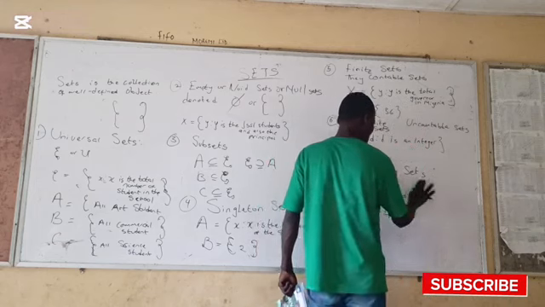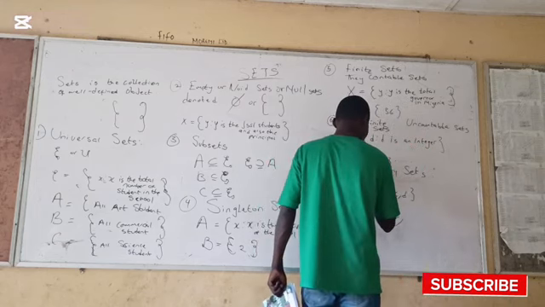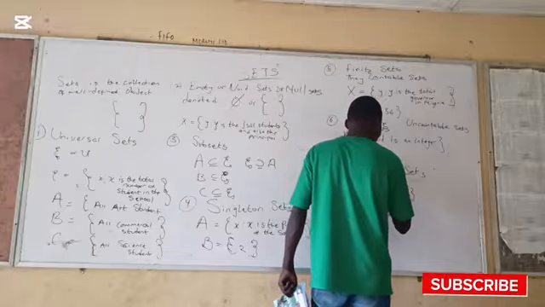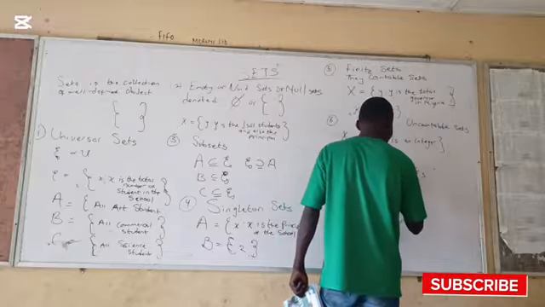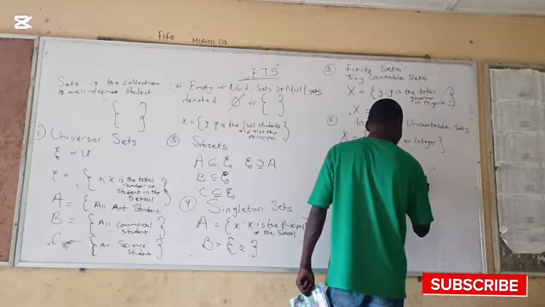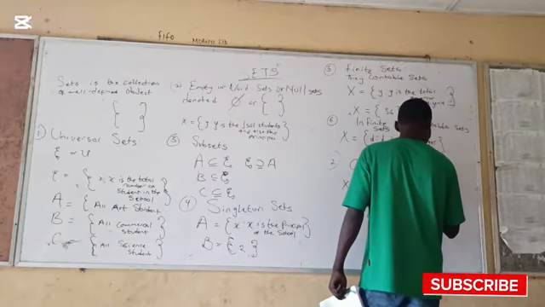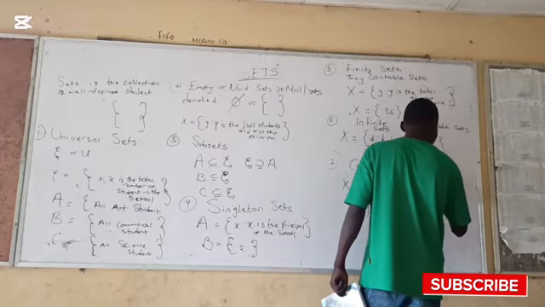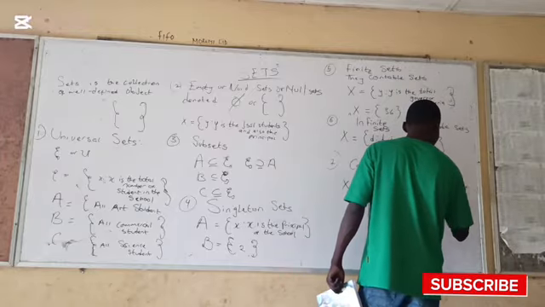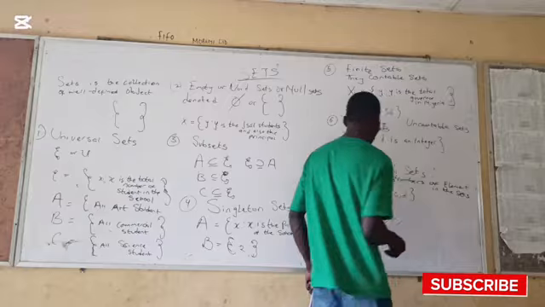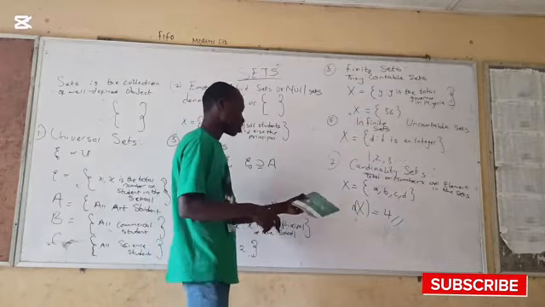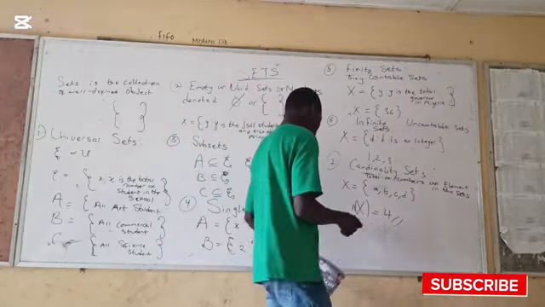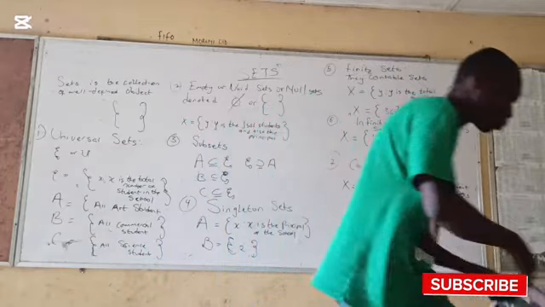So let's write it as total number of elements in the set. So the number of elements in the set is called the cardinality of the set. So let me rub up this side.